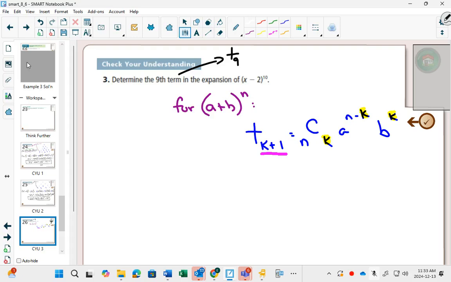Okay? First of all, can you see that there's going to be 11 terms? This would be a little bit annoying with Pascal's triangle, because you would have to write out a lot of Pascal's triangle before you got to the row with 11 things.